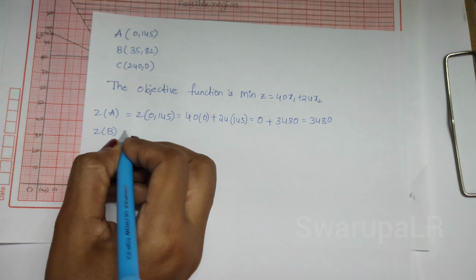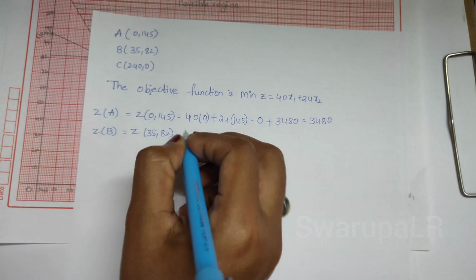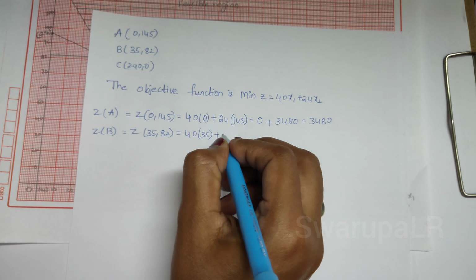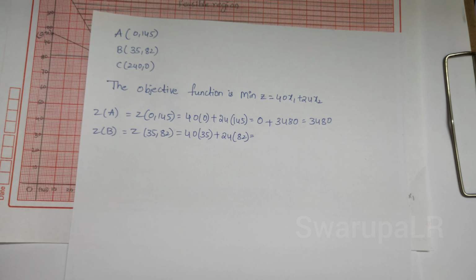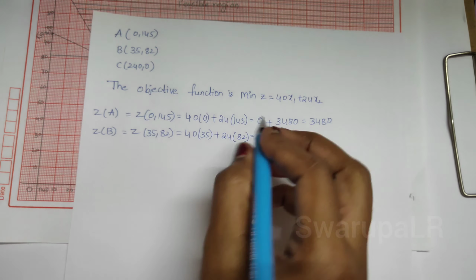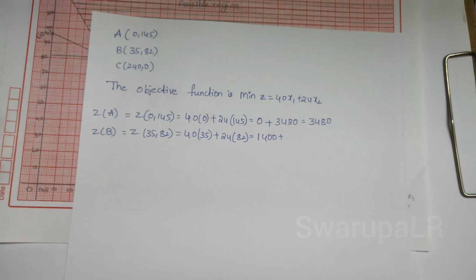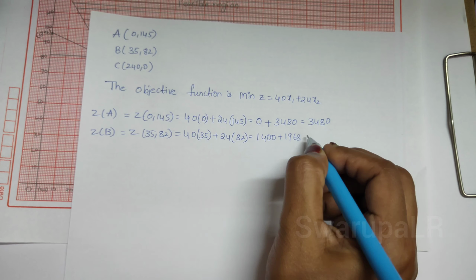Z of B, z of 35, 82 is equal to 40 into 35 plus 24 into 82. 40 into 35, we got 1400 plus 24 into 82, 1968.